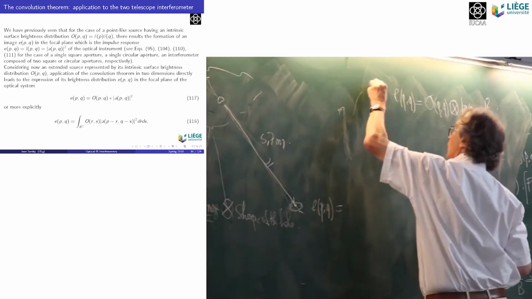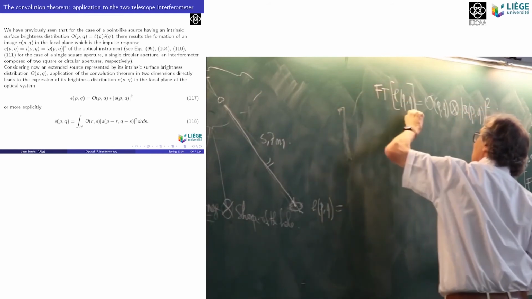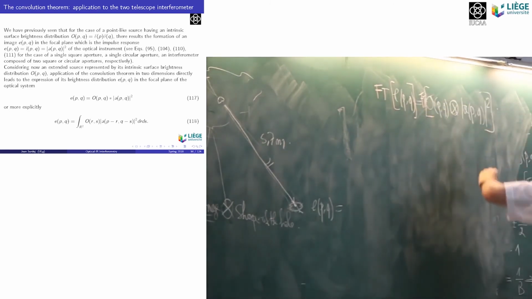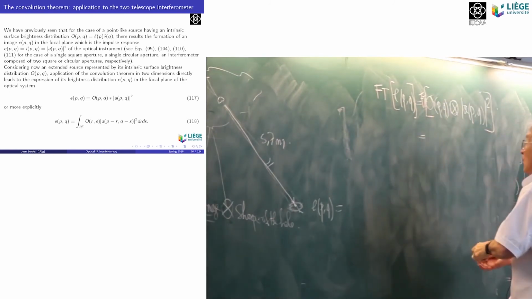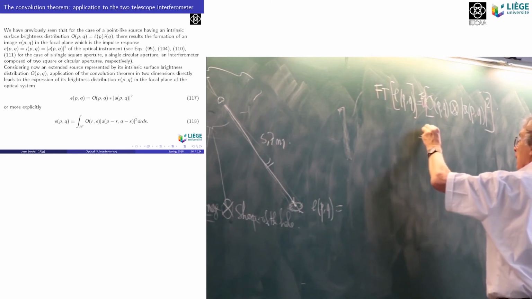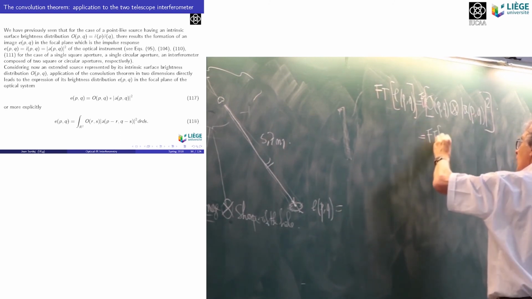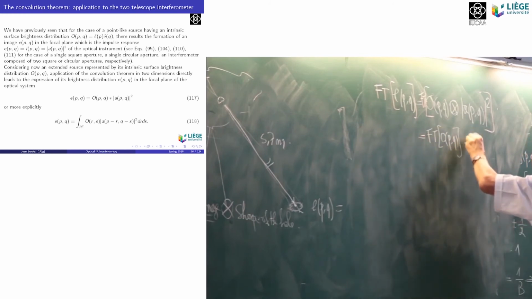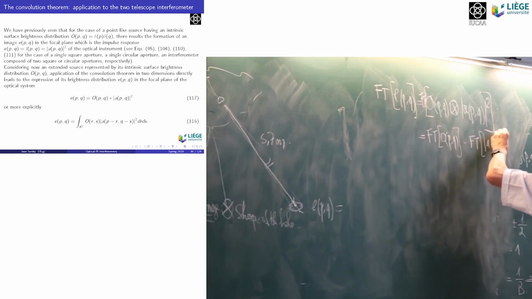So the Fourier transform of this is equal to the Fourier transform of this. And now I know that the Fourier transform of a convolution product is a point product of the two functions. So it's equal to the Fourier transform of O(p,q) multiplied by the Fourier transform of the modulus of A(p,q) squared. You agree?